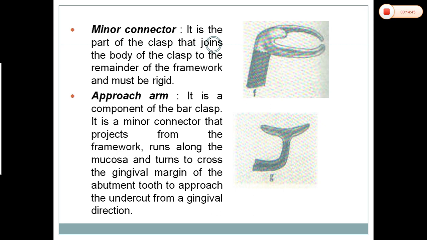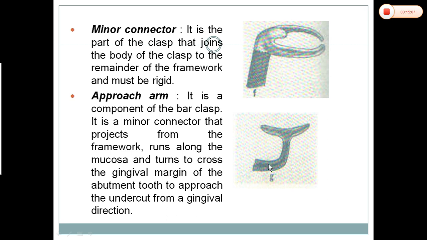Minor connector. It is the part of the clasp that joins the body of the clasp to the remaining part of the framework of the prosthesis, and it must be rigid. Coming to the bar clasp, this is the approach arm.